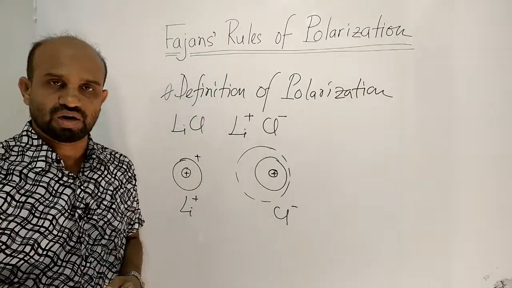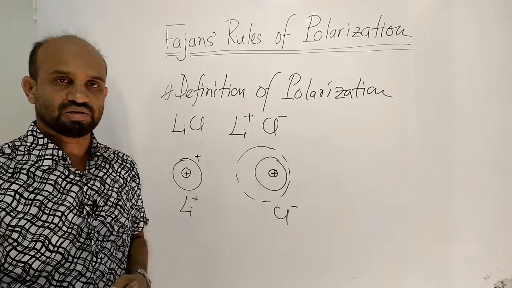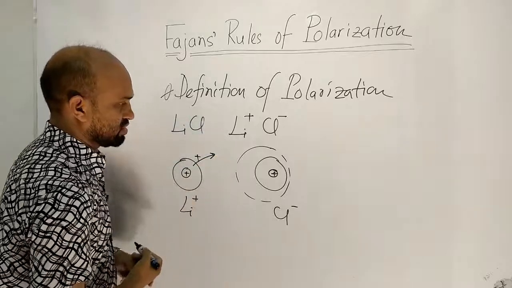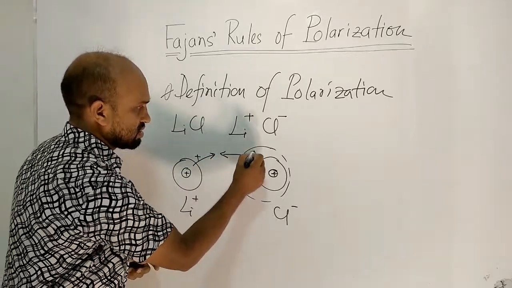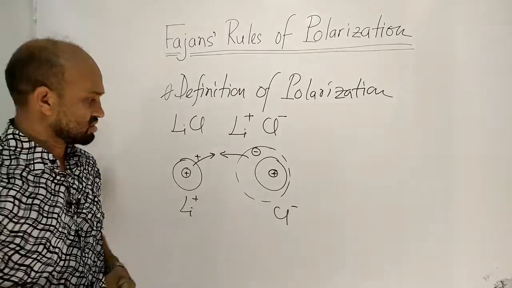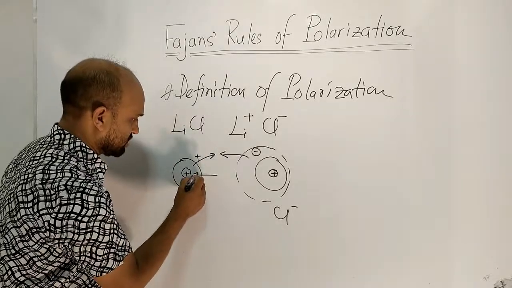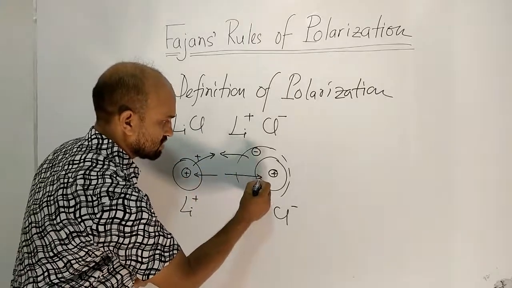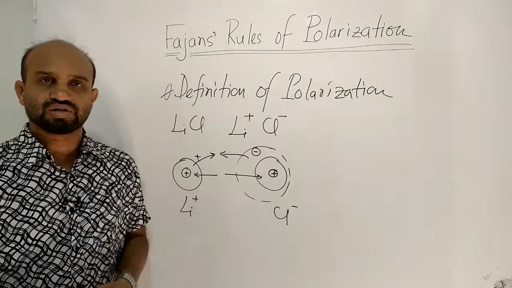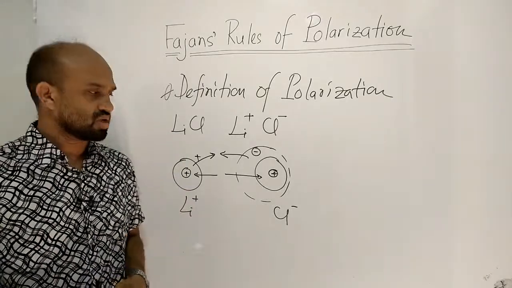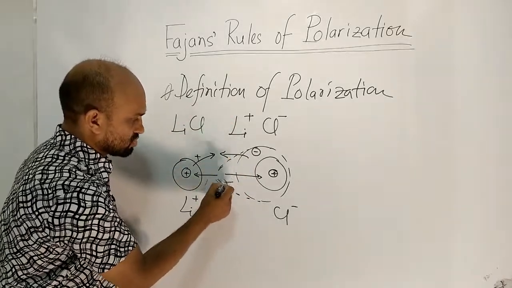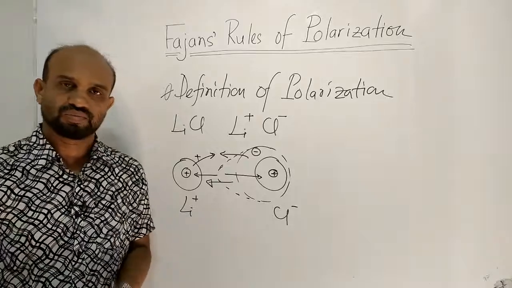When these two ions come closer, then there is originated an attraction force between cation and anion's electron cloud. At the same time, there is created a repulsion force between cation and this nucleus. The net result of attraction and repulsion leads to the displacement of anion's electron cloud towards cation.